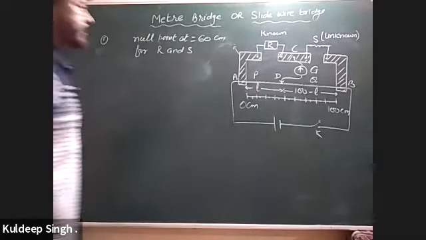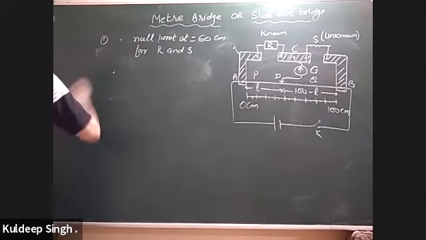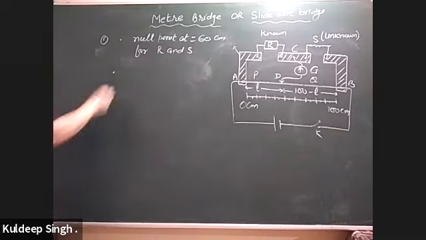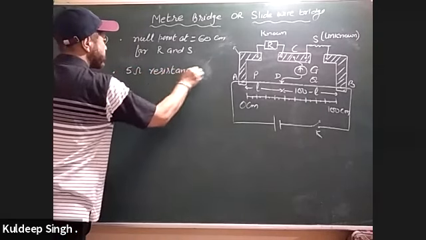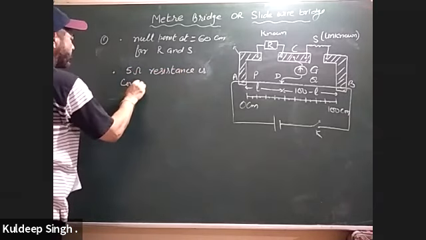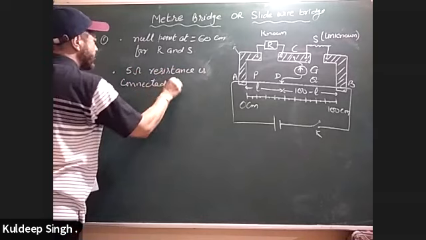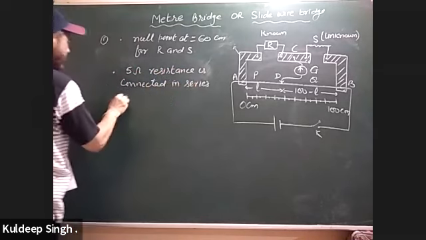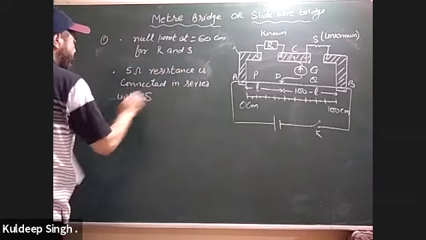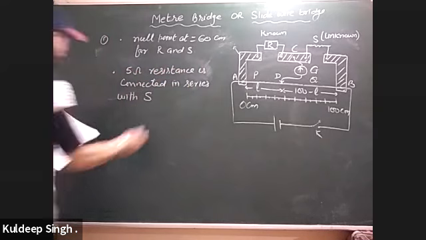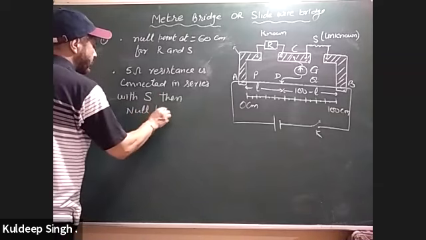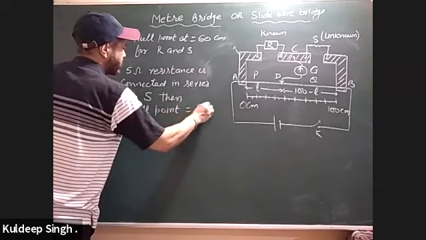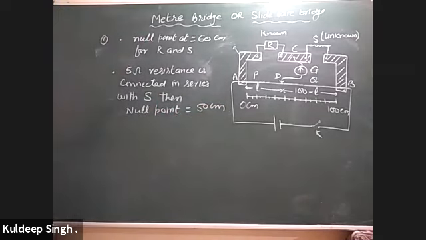So null point is at 60 centimeter, and then the second case, in the same, when 5 ohm resistance is connected in series with S, then the null point is found to be at 50 centimeter.